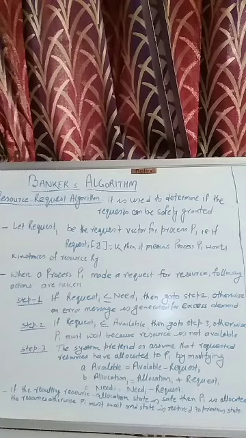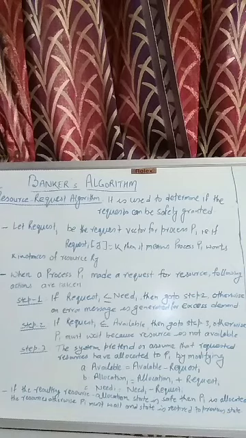In the second part of Banker's algorithm, another algorithm is used, named resource request algorithm. This is used to determine if the request can be safely granted or not.